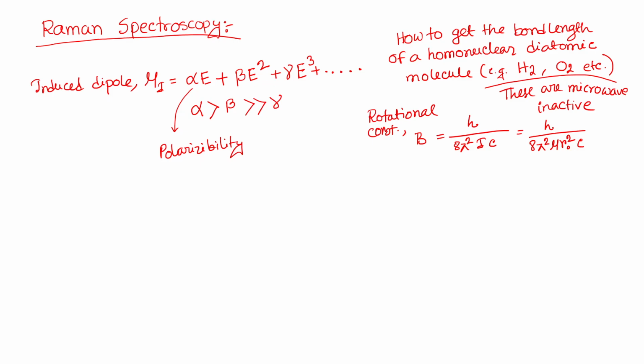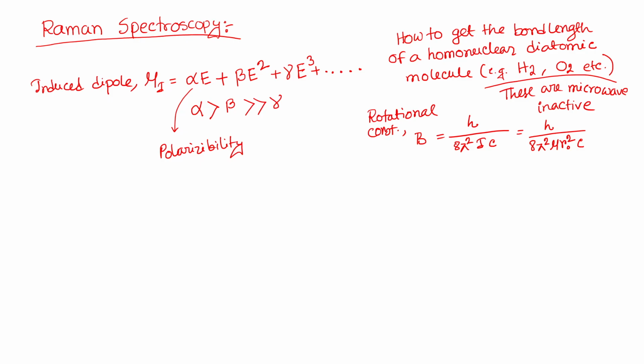In the case of a very weak electric field, you are limited to maybe only this alpha E. But to get access to beta and gamma, your electric field needs to be very high, and that can be obtained only from lasers. That is why the application of lasers comes into the picture in Raman spectroscopy.